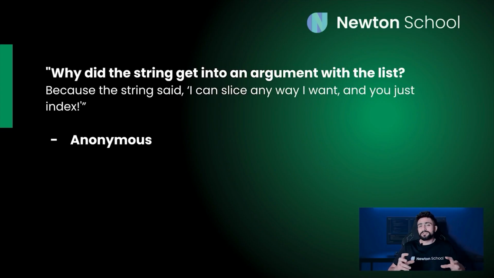Why do they argue? Because the string said that I can get sliced anytime, and you just index. I can slice any way I want and you just index it. The string is arguing with the list that I can store whatever I want and I can get sliced as well.